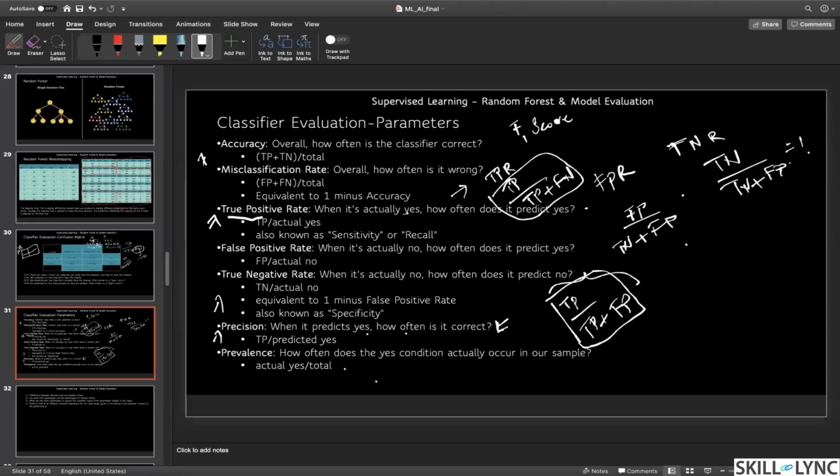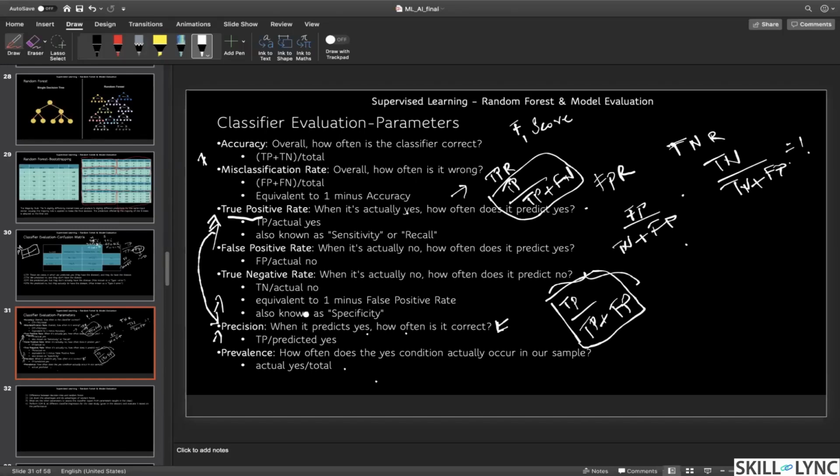This F1 score is a combination of two different parameters. It's a combination of true positive rate and precision, that is, recall and precision. So people, to be on the safer side, have created one more measure for performance, which is a combination of recall and precision.